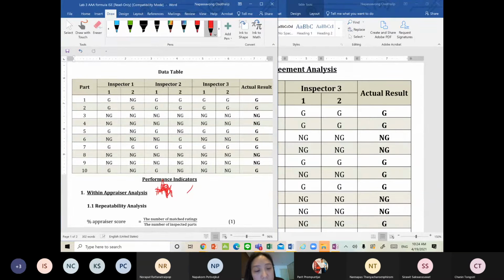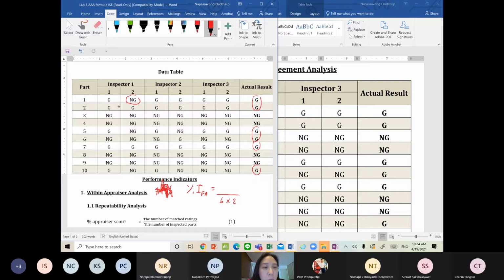Okay, so out of how many opportunities? Out of 12. 12 comes from 6 times 2, multiplied by 2, right? Because we got 6 G parts. That's correct. And the upper part will be 5.